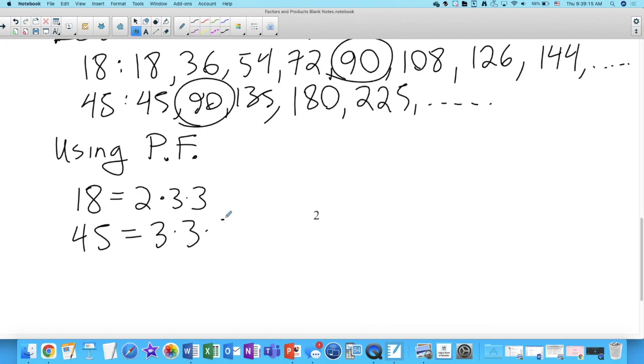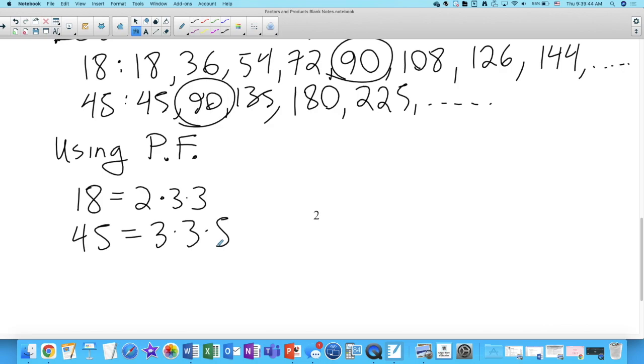Okay, now here's the key. In the least common multiple's prime factorization, you have to be able to see the prime factorization of each of these individual numbers. So somewhere in that prime factorization, I have to have a 2 times 3 times 3, and I have to have a 3 times 3 times 5.